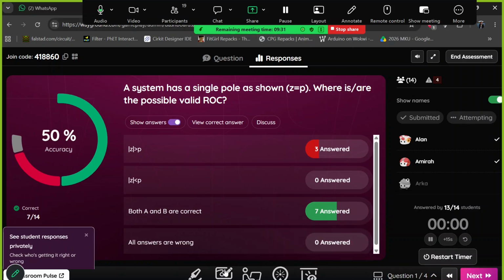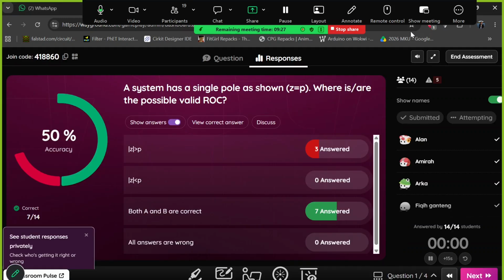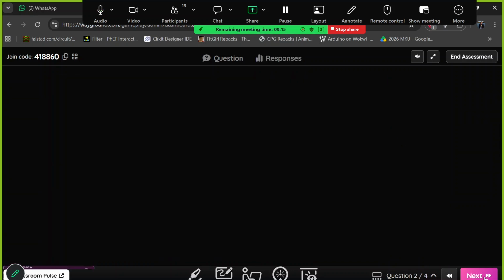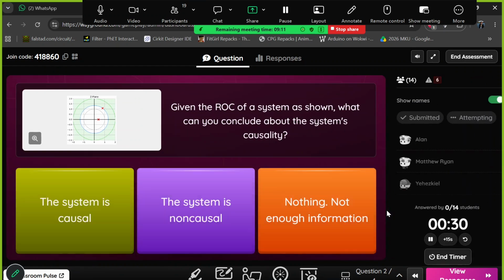I'm sorry, but I think the Zoom is actually ending. Oh no, we still have like 9 minutes. So maybe we can just continue. Let's continue. Oh yeah, because we have until 11:40.